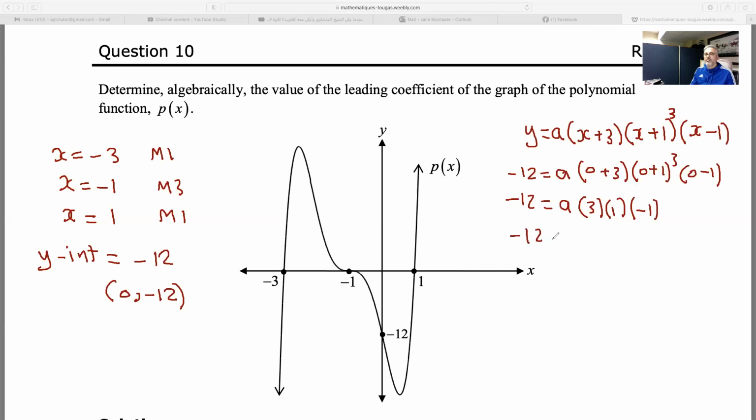So -12 equals 3 times 1 is 3, times -1 is -3. That gives me -3a. Divide both sides by -3. Therefore, a equals 4.